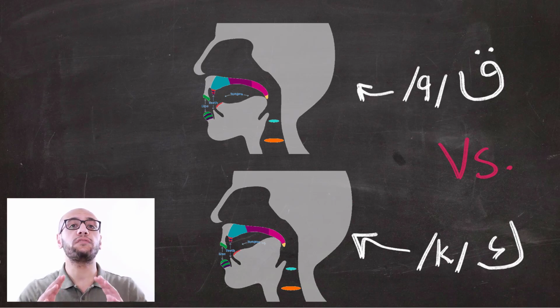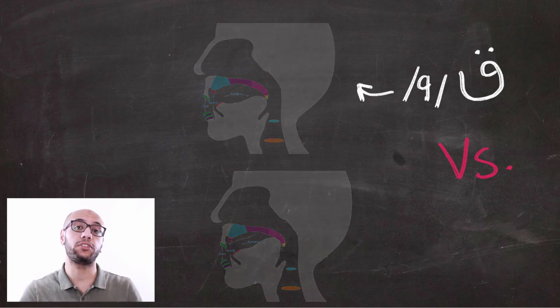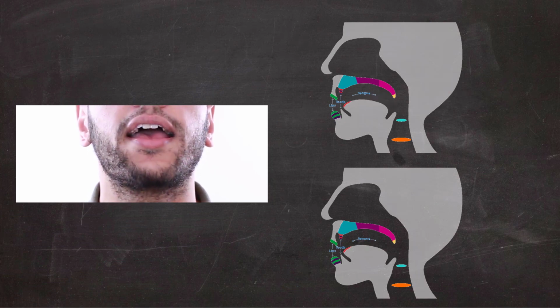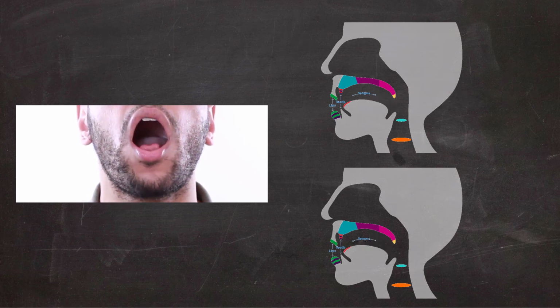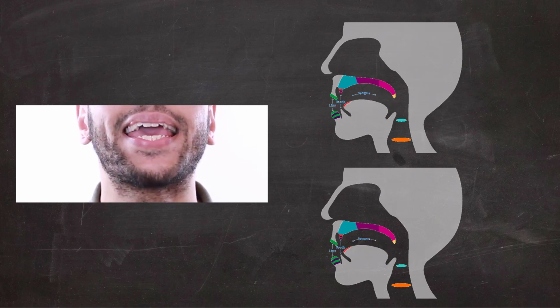Now I want you to observe the position of my tongue pronouncing the qa and ka. Compare, and most importantly, listen carefully to the difference. If you can't hear it, you can't produce it. Check this out. Qa, qa, ka, qa, ka, ka, ka.